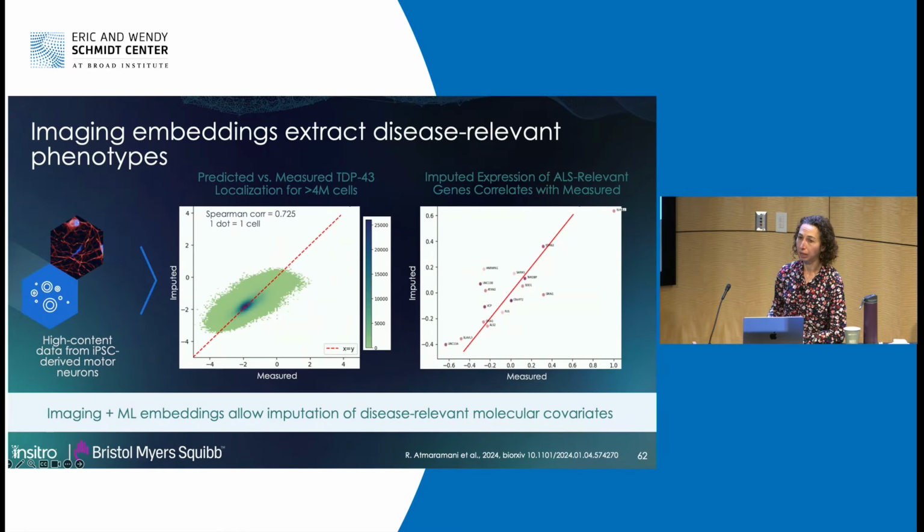And in the context of ALS, when we look at our DINO-ViT embeddings, what we see is that from morphological changes alone that are captured in those embeddings, we can predict TDP43 mislocalization or the expression of ALS-relevant genes. And so what this means is that there's something disease-relevant in this embedding space.